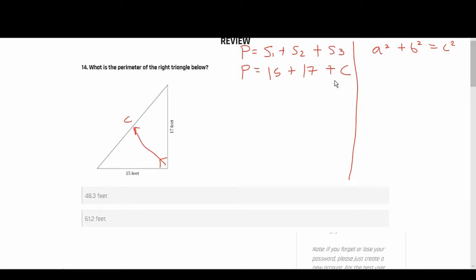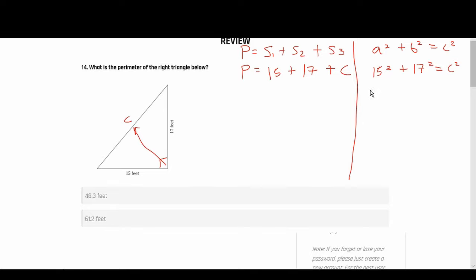So to find side C, which I represented as the unknown with the letter C, we have to plug in our legs to this equation. So we're going to do 15 squared plus 17 squared equals C squared.